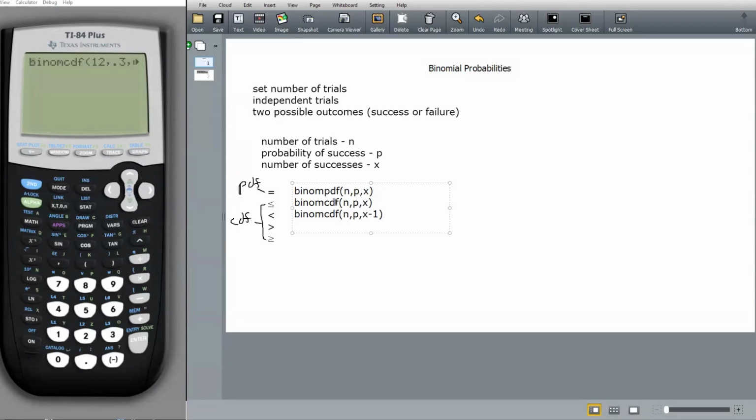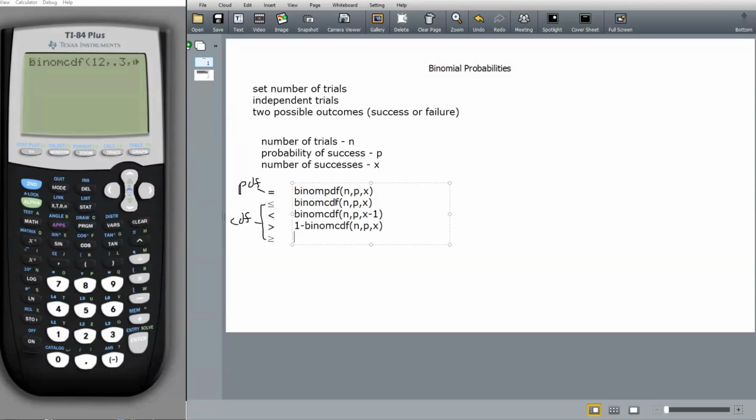Both greater than and greater than or equal to require that I use the complement of my probability. So I can do 1 minus that probability before I do the distribution. So for greater than, I will type 1 minus binomial CDF parentheses n, comma, p, comma, x.